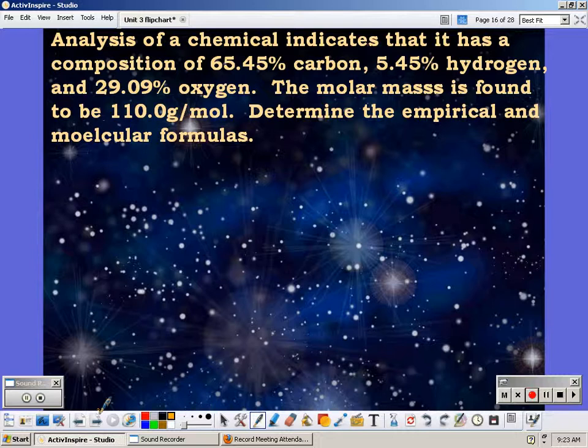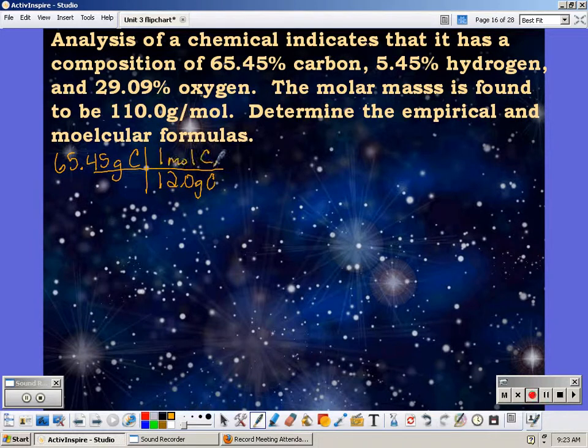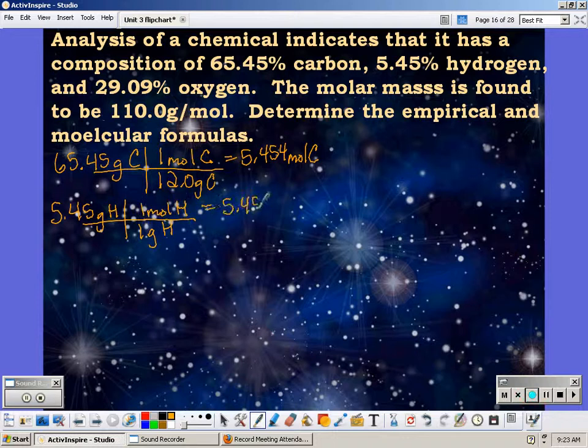So here we have 3 elements, but the process is still the same. 65.45 grams of carbon, 5.45 grams of hydrogen, and then 29.09 grams of oxygen.